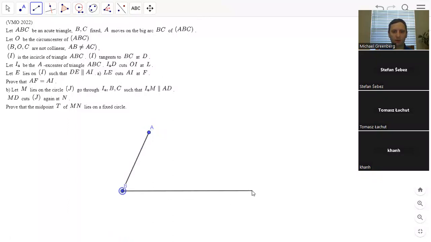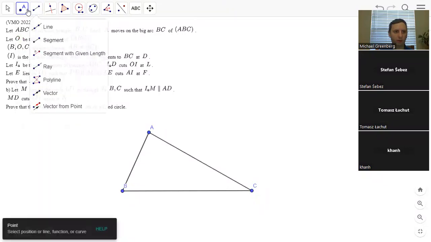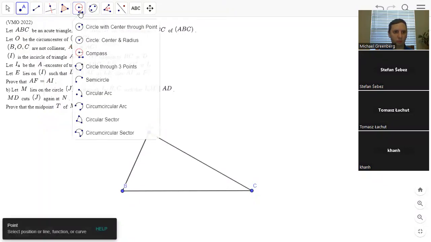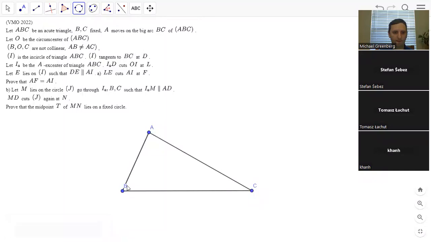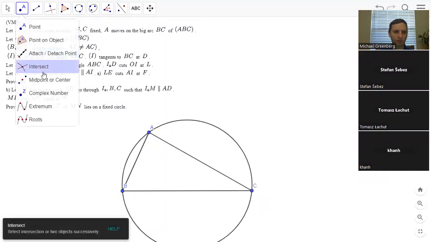B and C are fixed, it says, while A moves on the arc. And O is the circumcenter.